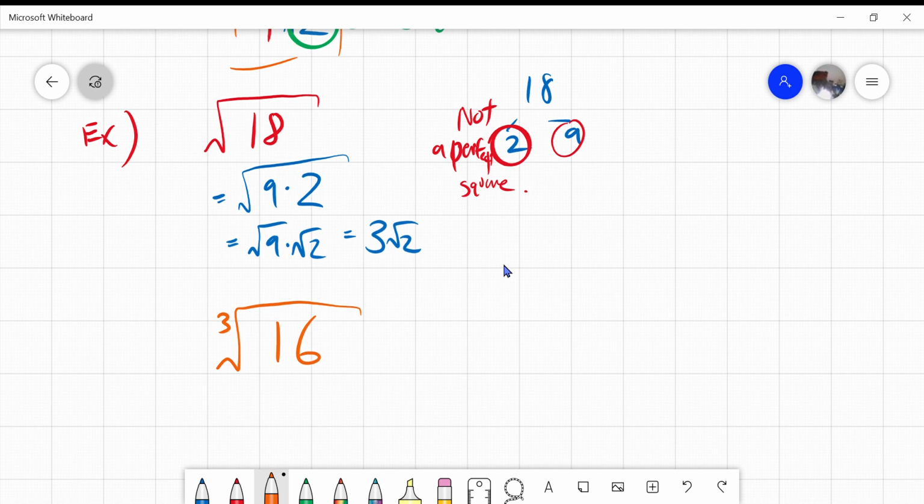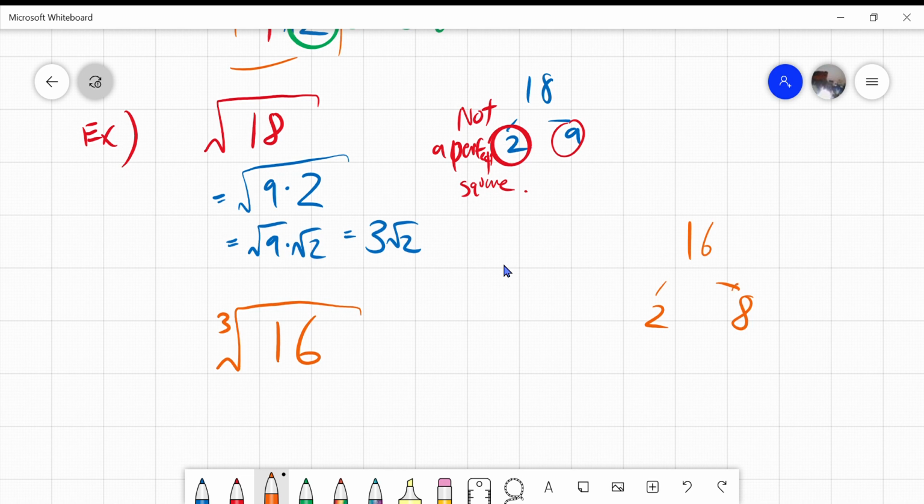Well, we want to look for a perfect cube, which is a number that has three of the same numbers multiplied together to get that number. So drawing our factor tree, we can break this up into 2 and 8.